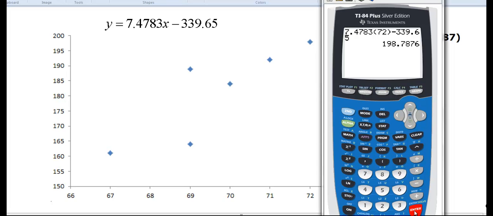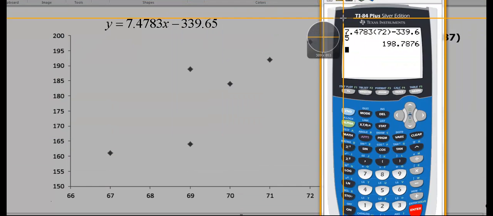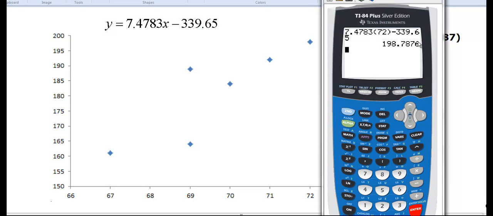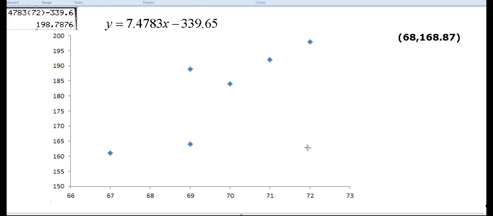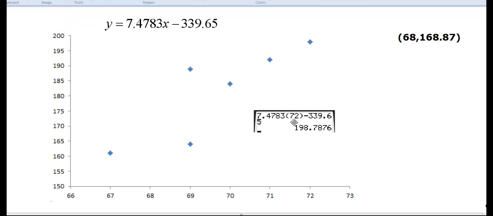So what do we get? 198.79, which is pretty close to what it actually is here. So the other point that we have is what? Let me just note it down here for you. Here we have 2 points.